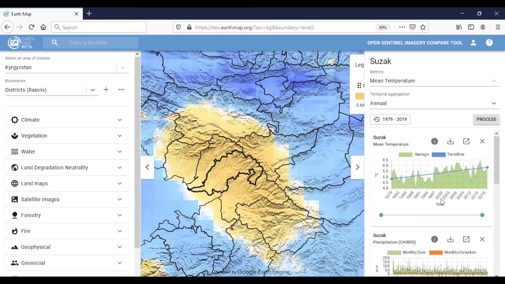EarthMap guided an assessment in which different parameters, land productivity, vegetation intensity, precipitation, and temperature were considered.